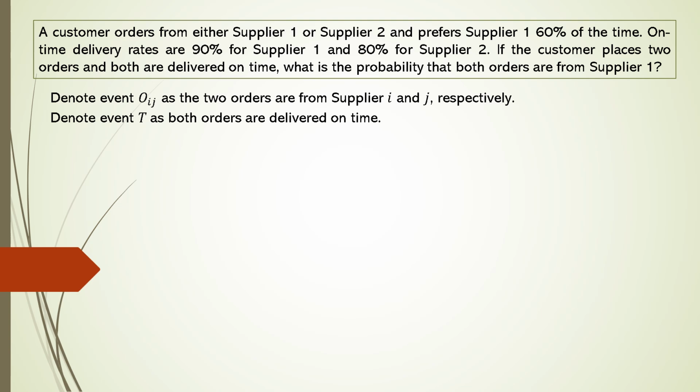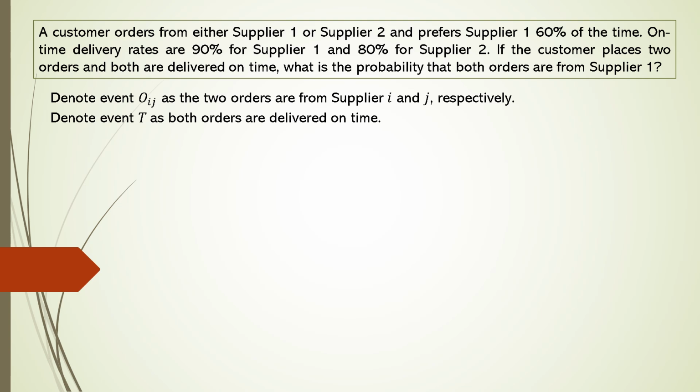But since we have 2 orders, can we say that these 2 orders are independent? Right. So when you place an order, for example, you are placing 2 orders here, we have 2 suppliers. If you have ordered from supplier 1, do you have to order from supplier 1 for the second order? No, at least the question does not give any information on that.